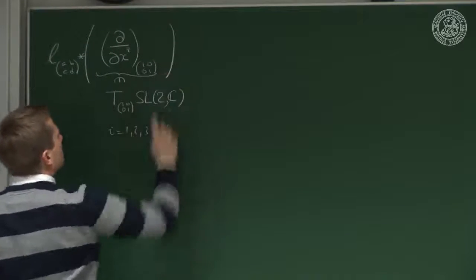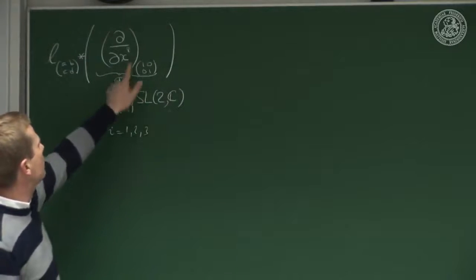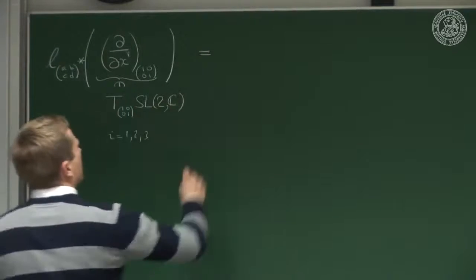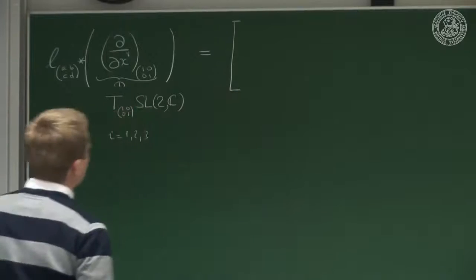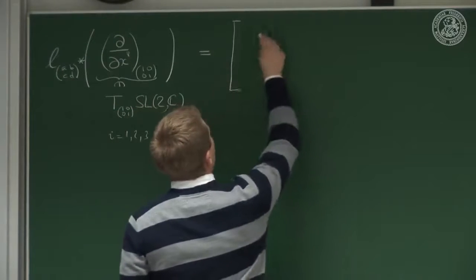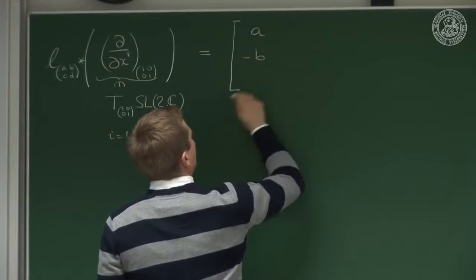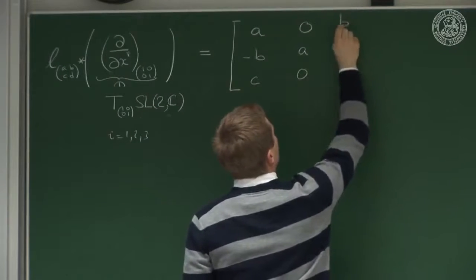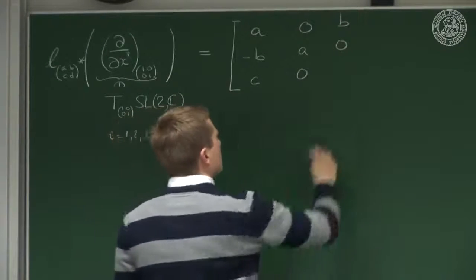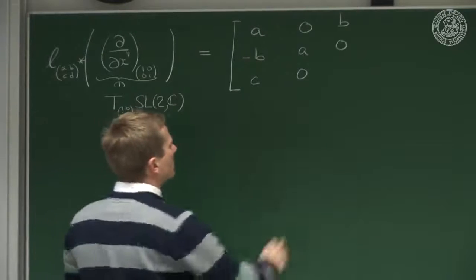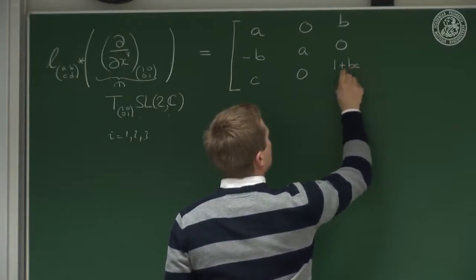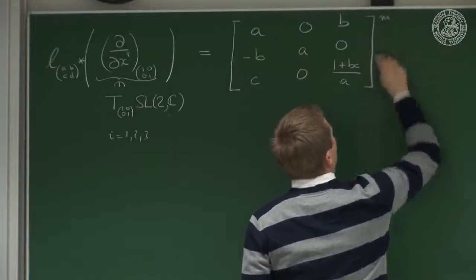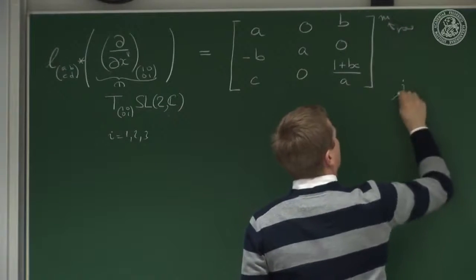So we apply this to the first, second, and third tangent vector at the identity, and we found already last time that this gives rise to the following left invariant vector field on SL2C: A, minus B, C, 0, A, 0, B, 0, and this is D, but in the first coordinate chart we constructed, this is 1 plus BC over A. But this is just a symmetry of numbers where m is the row and i indicates the column.